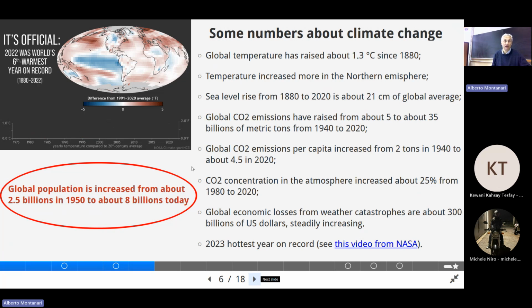But we will also make a simple calculation, because it's very easy to compute the average temperature of our globe based on the energy that we receive, and the unique source of energy for the Earth system is the sun. It's the only one.